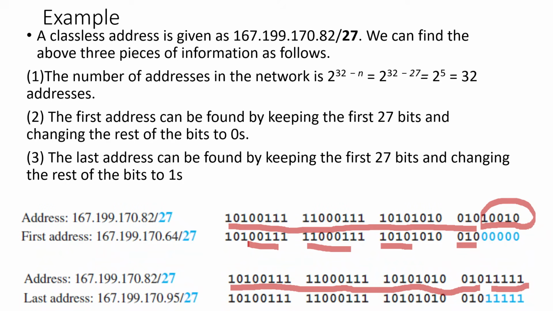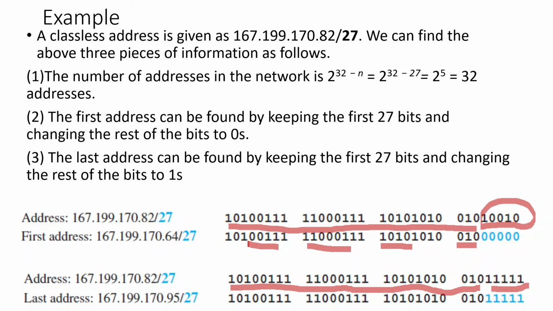For the first address, you have to keep the leftmost n bits as they are, and set the remaining rightmost 32 minus n bits to 0. This is the first address. To find the last address in this block, keep the leftmost n bits as they are, and set the remaining rightmost 32 minus n bits all to 1.